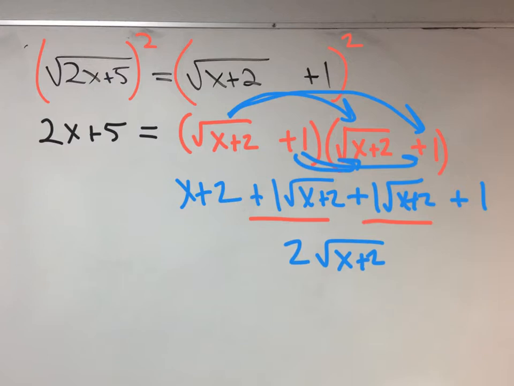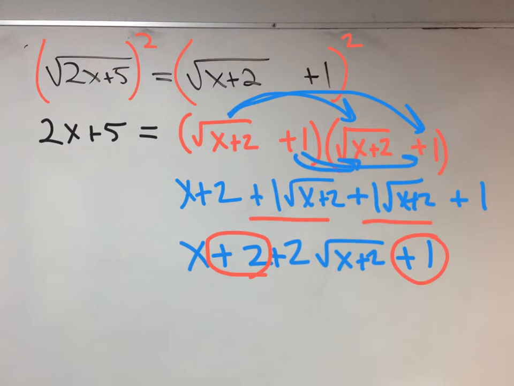It's like saying I have one apple plus another apple. It's 2 of those same apples, right? I'm going to bring down everything else. I'm going to bring down the x, the plus, the 2. There's a plus sign here, and even the plus 1 that's on the outside at the very end. And I'm still going to combine like terms. There's this 2 right here that I want to combine with this 1 over here.